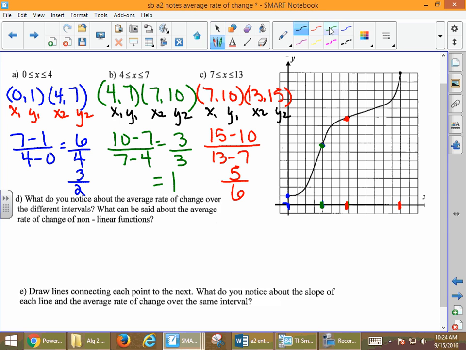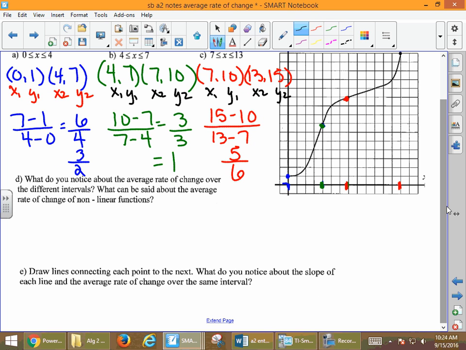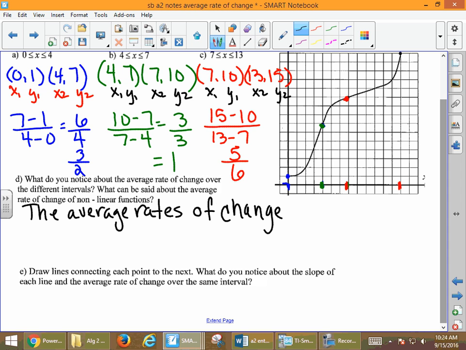And we can even say that if they're not the same, that the average rates of change are different when they're in different intervals. I mean, what do you notice about the average rate of change over the different intervals? Well, they're different.